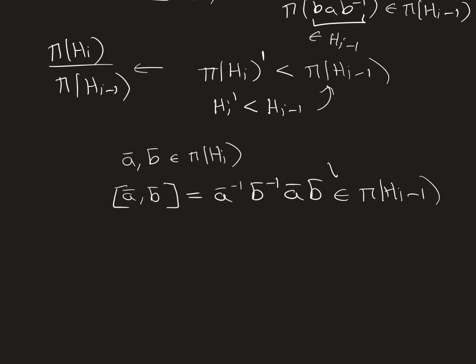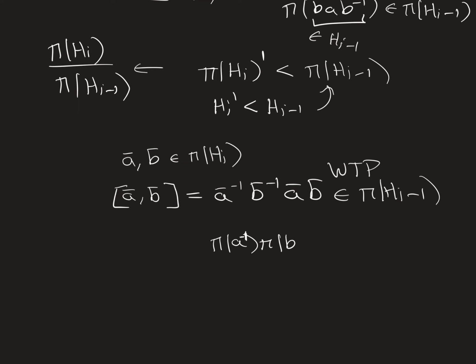So that's what we want to prove. Of course now we just say, well, a-bar is going to be pi of a for some a inside H_i, and a-bar inverse is then going to be pi of a inverse.